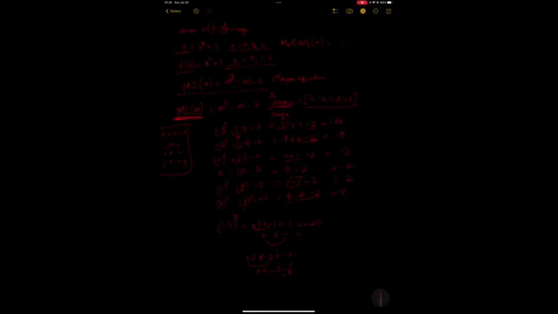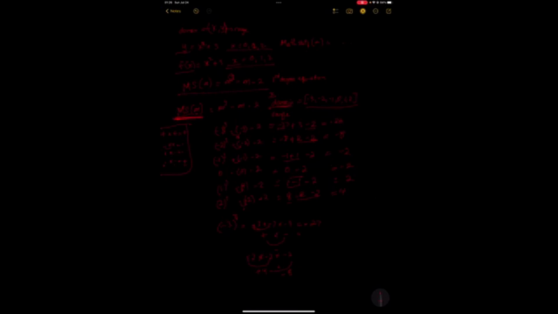Remember I said earlier in my previous video, you can have multiple x's or multiple inputs give you one output, while multiple outputs cannot be given by one input. And here, this is the case right here.